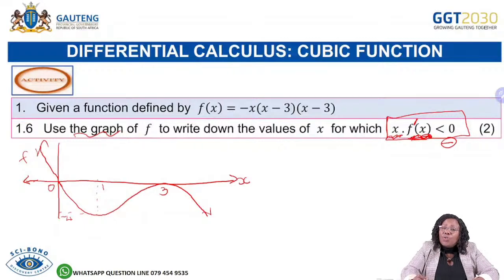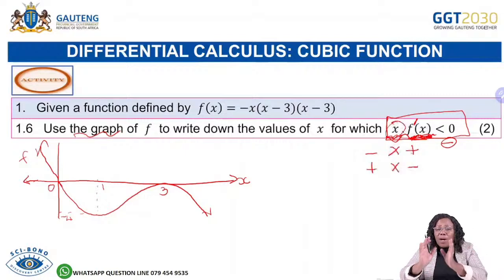In order to get a negative product, you must multiply a negative times a positive or a positive times a negative. So either the x must be negative, therefore the derivative positive. Okay, we now understand we are looking for two different signs in order to get a negative product.